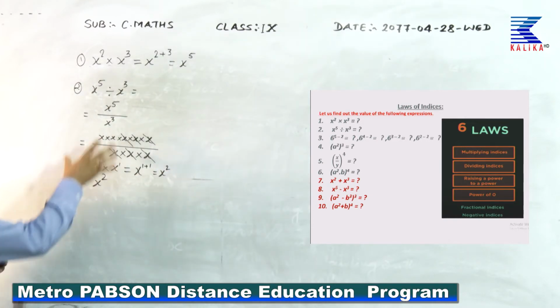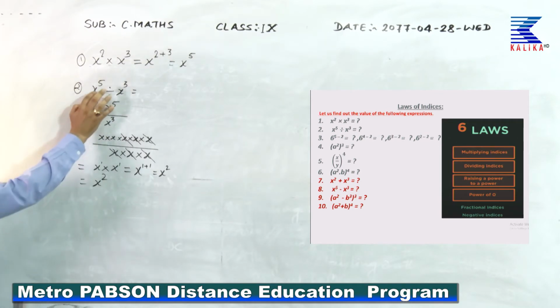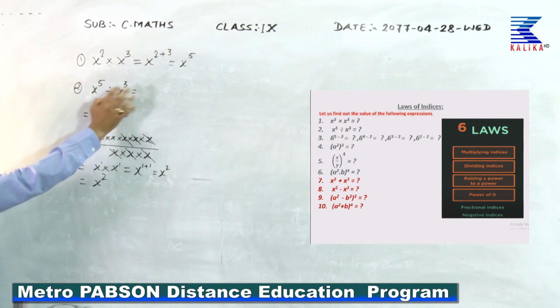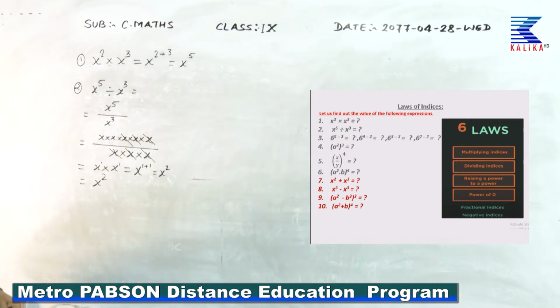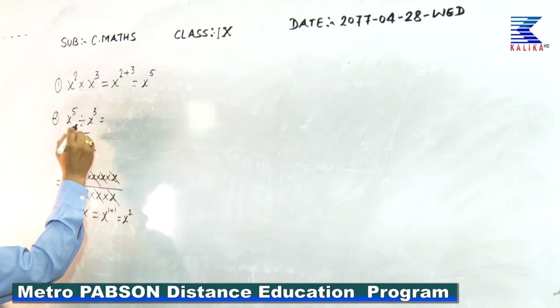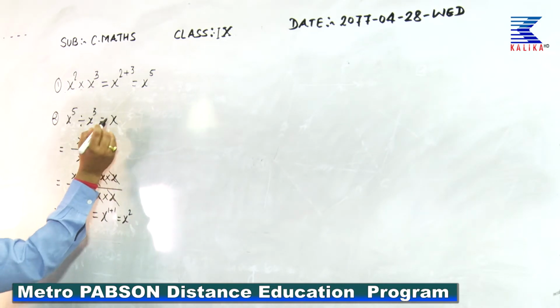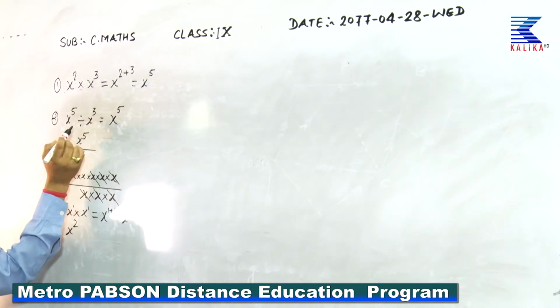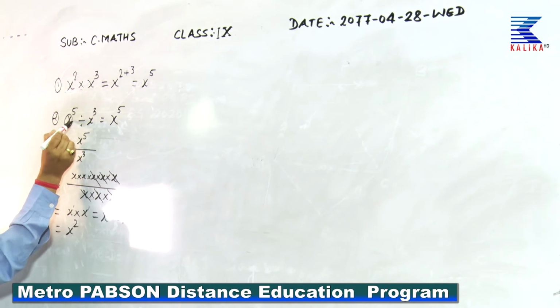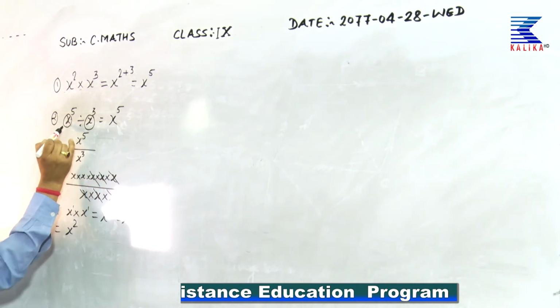So, this is how we got the result of x to the power 5 divided by x to the power 3. Now, using the laws of indices, for the same thing, dear student, it is written as x to the power 5 over x to the power 3. Both have the same base, x.